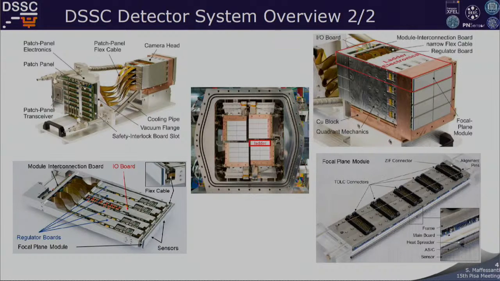The ladder electronics is composed of 4 regulator boards that can power all the ASICs and the sensor separately, and an input-output board that is able to give the timing signals to the focal plane modules and read out the data of the 16 ASICs. It operates in vacuum, and the optimum temperature for the mini SDD is -20 degrees, but room temperature is also possible.